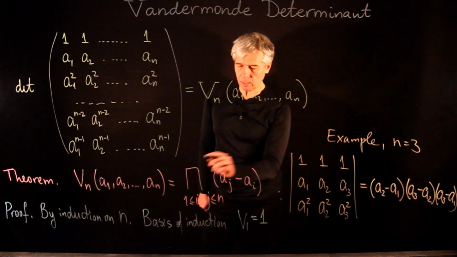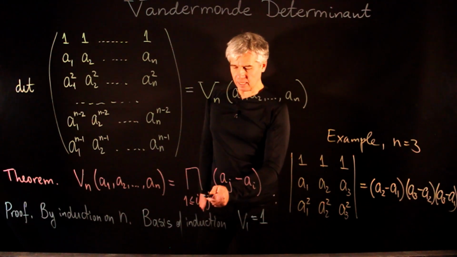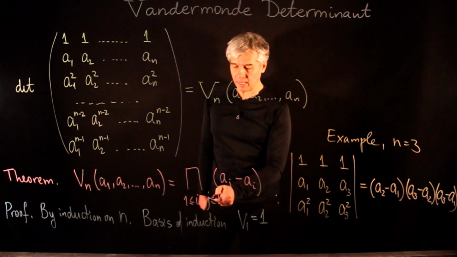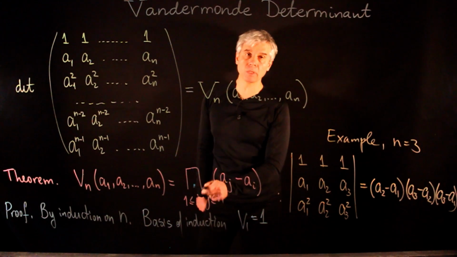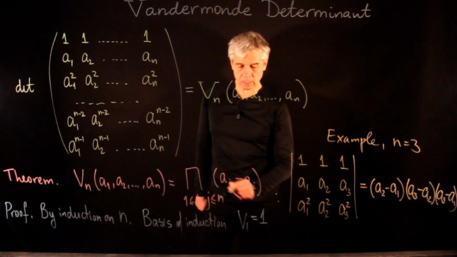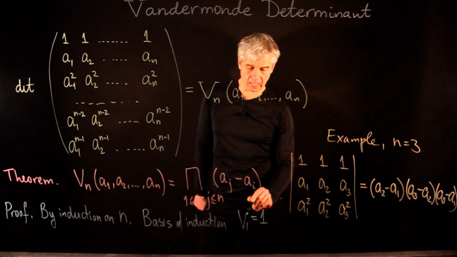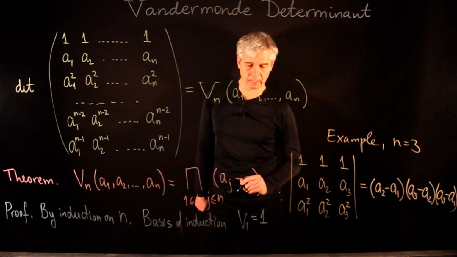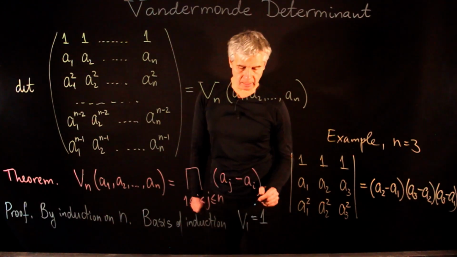But then here, because i is less than j, there are no pairs i less than j that are between 1 and 1. And so this product in the case n equals 1 is an empty product. And the empty product is equal to 1.